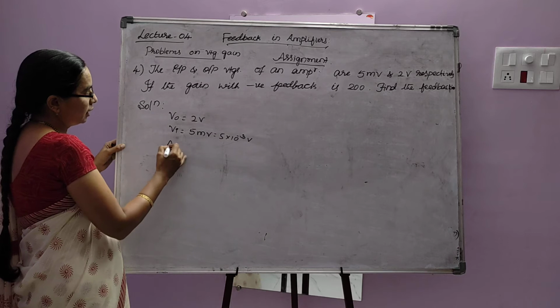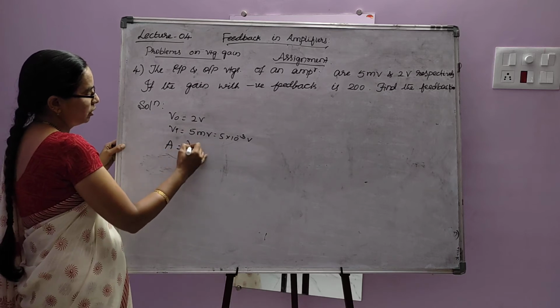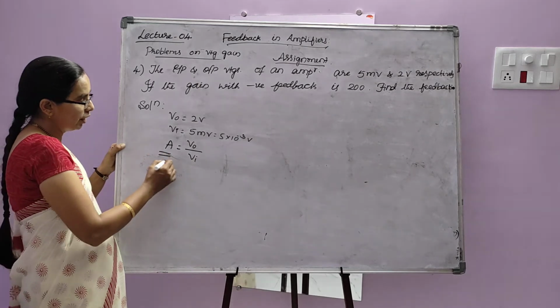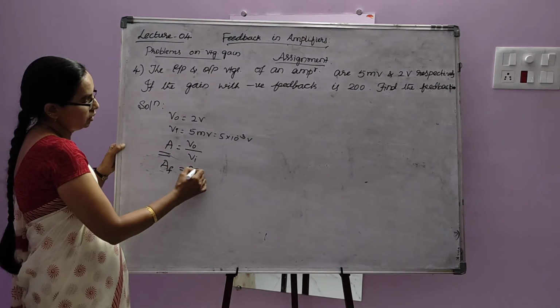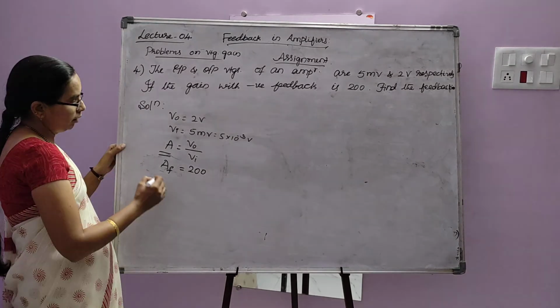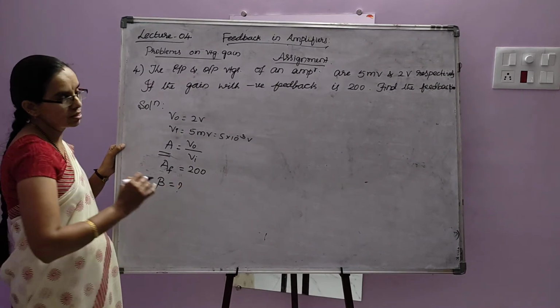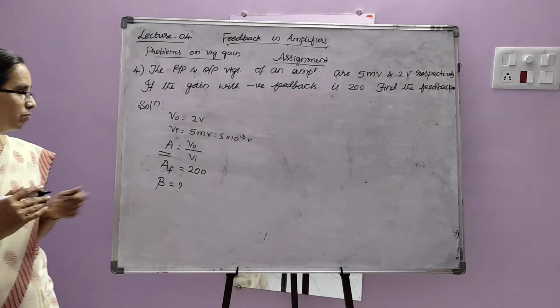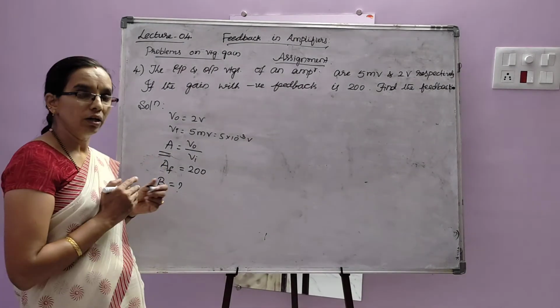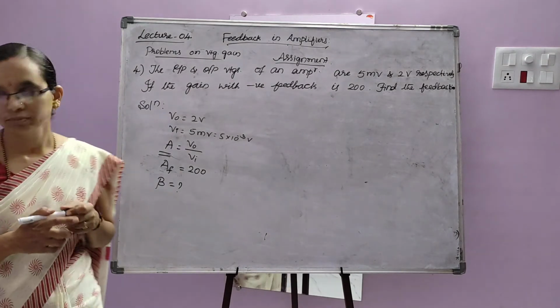So we have to calculate A here, that is V0 by Vi. This is the hint. Once you get A, AF is given, that is 200, and beta I have to find out from this. I guess you can do this. They have given the hint how to find out A. A you know, AF you know, I have to find out the beta. Okay.